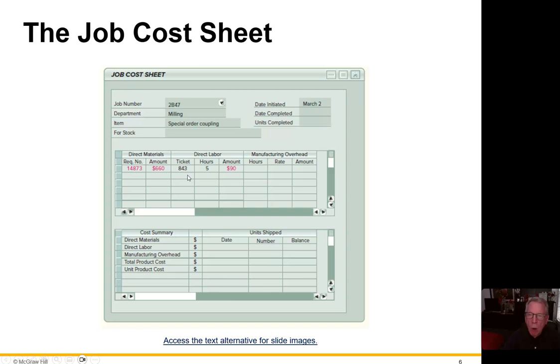And we also spent some direct labor on time ticket 843 for 5 hours, worth another $90. That's going to keep track of the costs on this job.